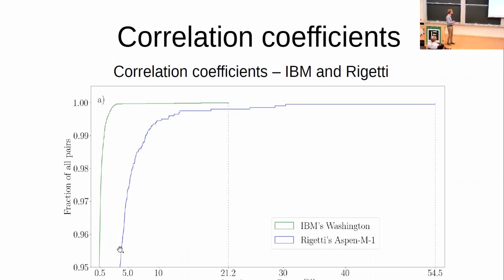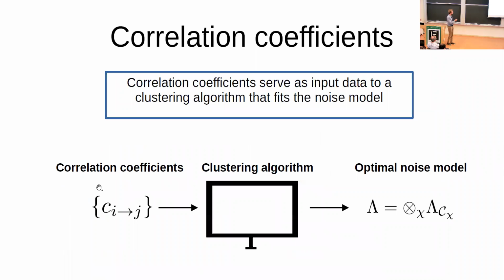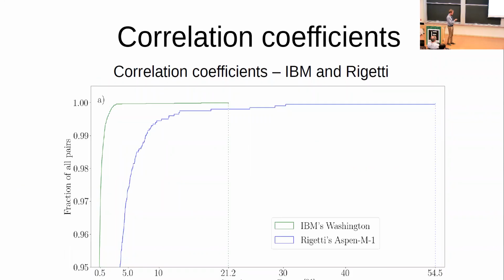So this is to say that, for example, 97% of coefficients for IBM Washington, this green line, are below 0.5. So they are quite small, but you can also see that there are some pretty significant correlations in the end. And this plot also demonstrates that those correlations for Rigetti tend to be in general higher than for IBM.